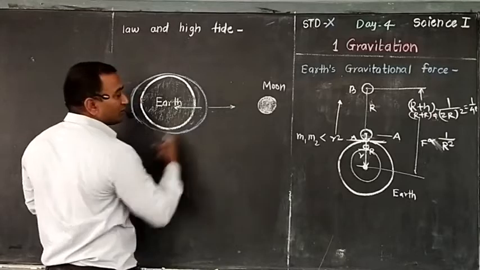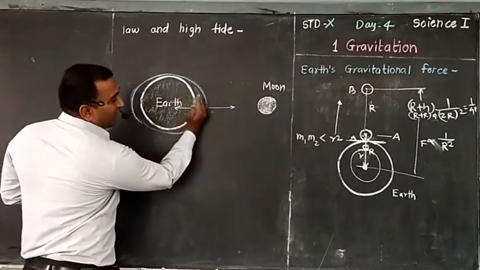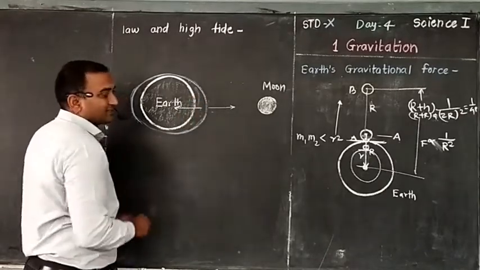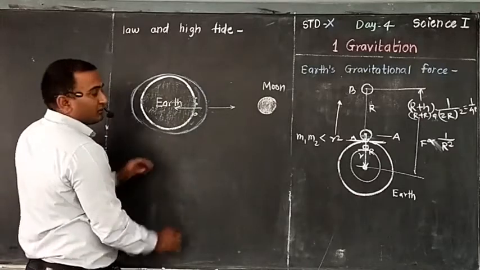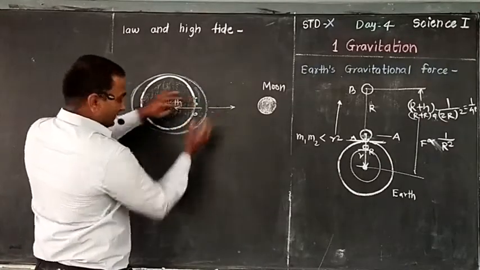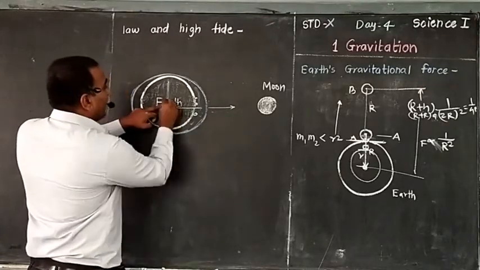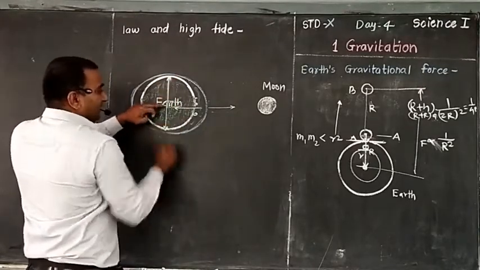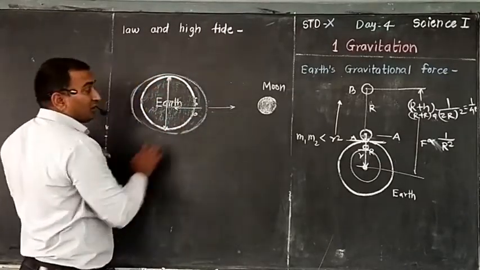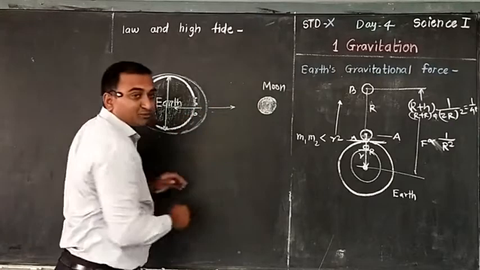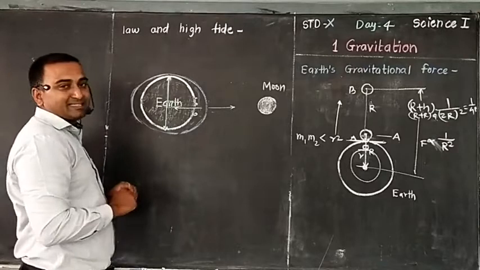Exactly below the moon, water gets pulled towards the moon, and the height of the water increases. So at the locations under the moon, the water level increases, and at 90 degrees, at two locations, here and here, because of the pull, water gets pulled towards the moon. Water will not go towards the moon, it is only pulled towards the moon. Here the water level decreases.